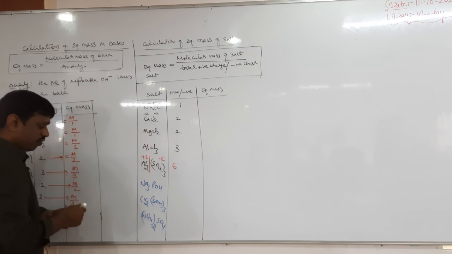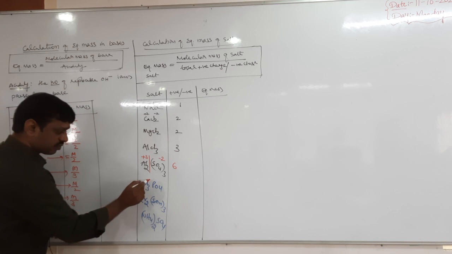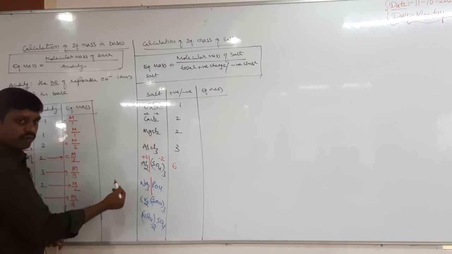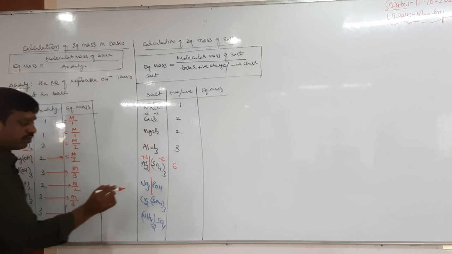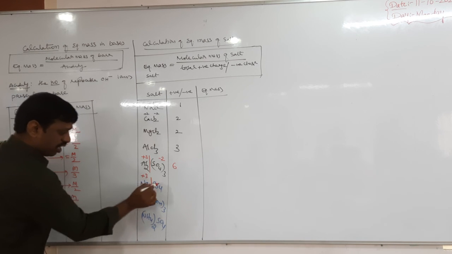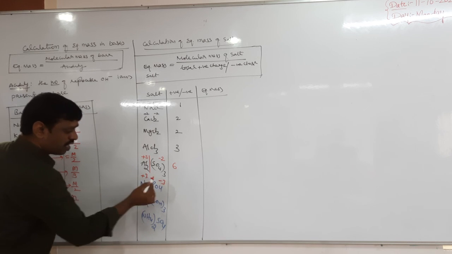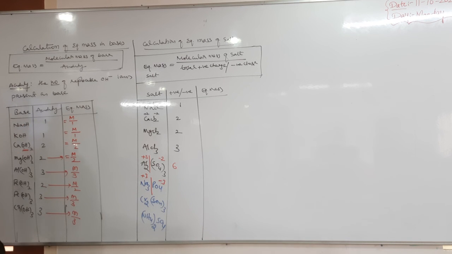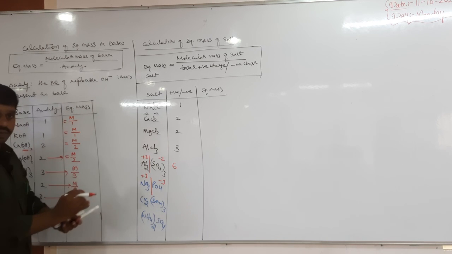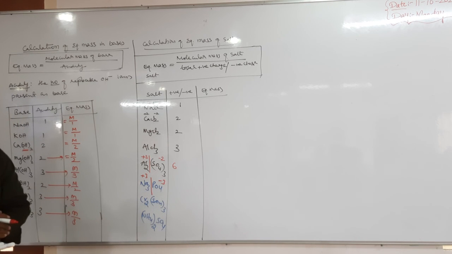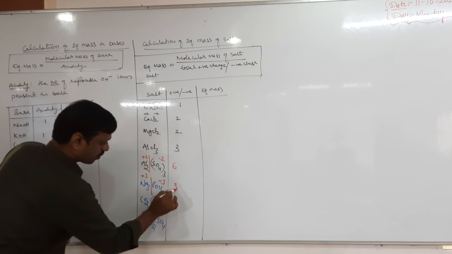Here you just divide the salt into 2 parts, sodium and phosphate. 1 sodium is plus 1. How many sodium? 3. Therefore plus 3. 1 phosphate is minus 3. It should be equal. Divide the cation and anion separately, then you count it. It becomes easy. So therefore it is 3.